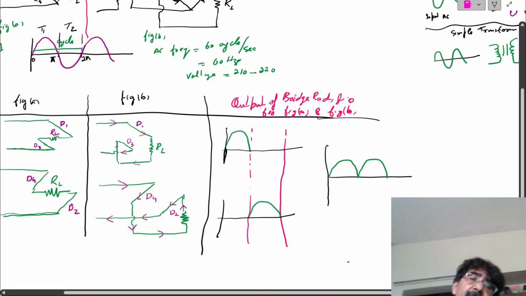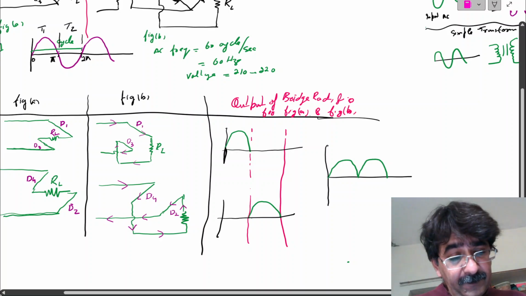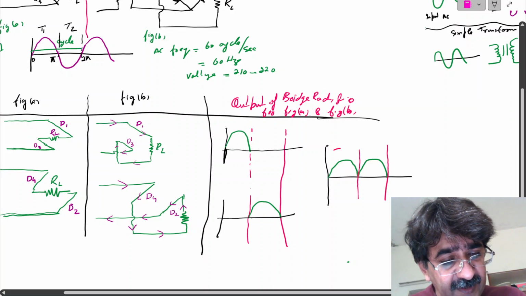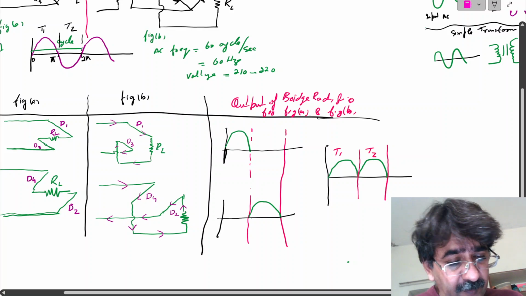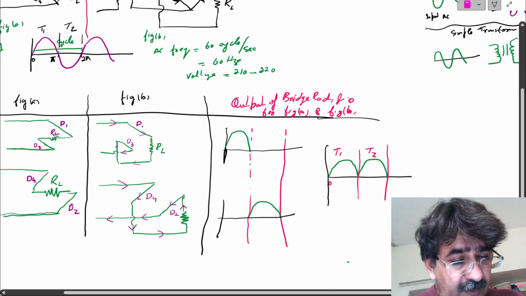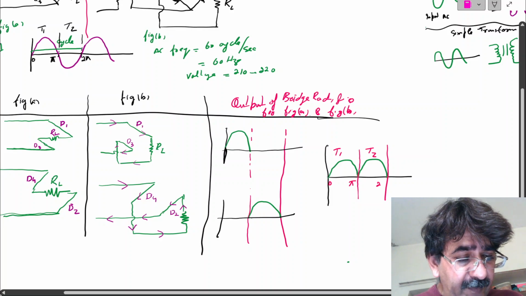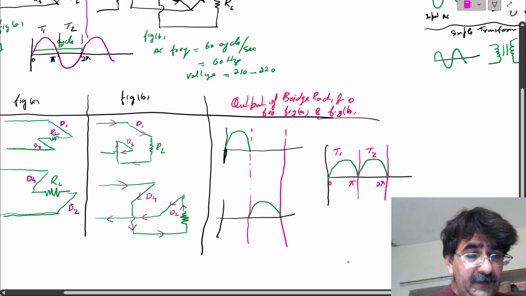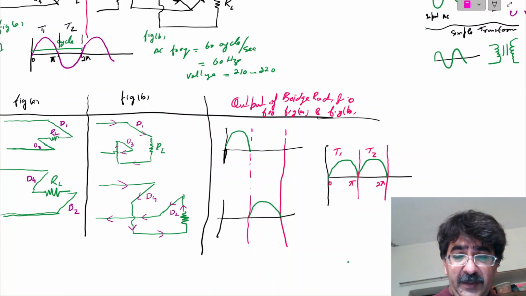So at the output, for one complete cycle 0 to 2 pi, we get two positive ripples from the full wave bridge rectifier. This will be the result.